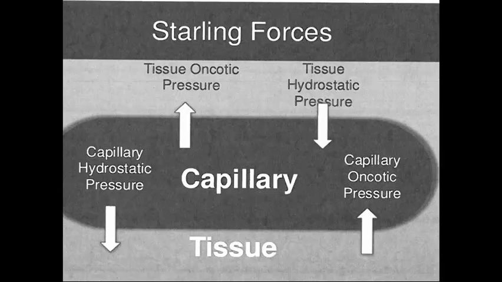So let's look at those net forces. These are the Starling forces. We're talking about the same thing, we didn't change anything. If you pull together what we just talked about, the net force of capillary hydrostatic and interstitial oncotic forces is to help move the fluid from the capillaries to the tissue.